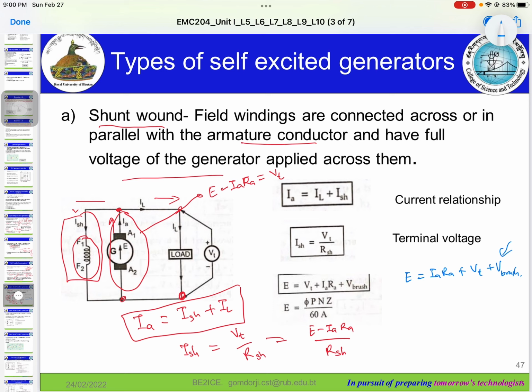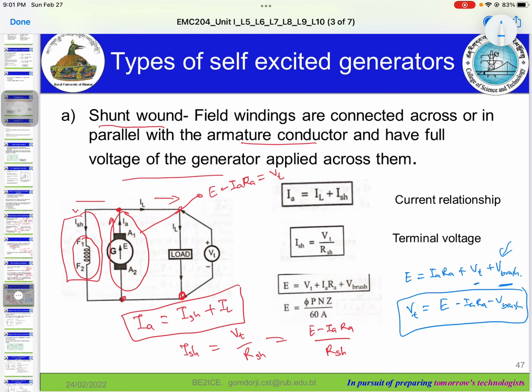So the terminal voltage will be equal to the induced EMF minus the armature drop minus the brush drop. This is the standard relationship between the induced EMF and the terminal voltage for the shunt wound generator.